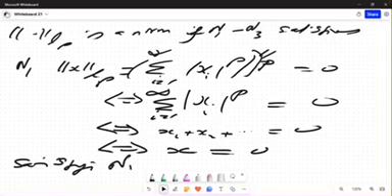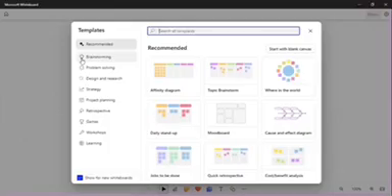So I will go to N2. For N2, you talk about the norm of kx. I show that it is equal to the modulus of k times the norm of x.